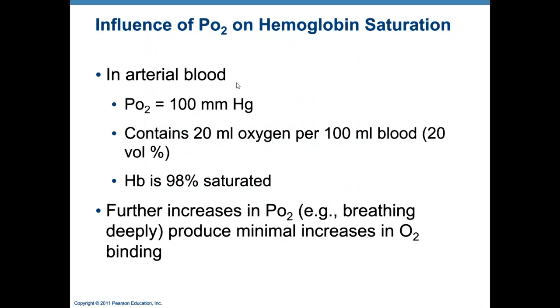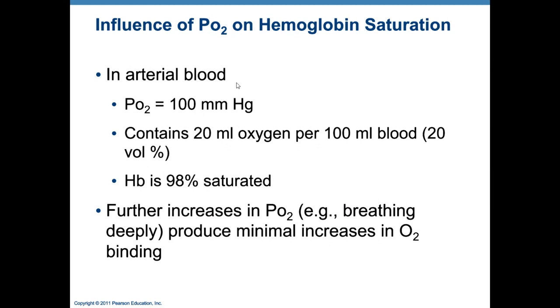Right. So what we need to look at is the influence of partial pressure of oxygen on hemoglobin saturation. In arterial blood, that's freshly oxygenated blood that's being pumped out of the heart, the partial pressure of oxygen is 100 millimeters of mercury. It contains about 20 milliliters of oxygen per 100 milliliters of blood.